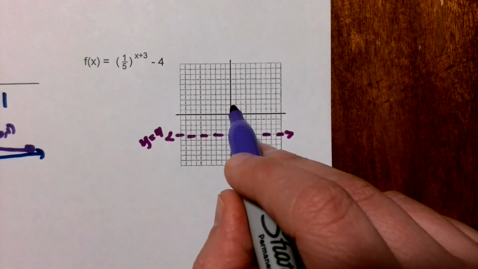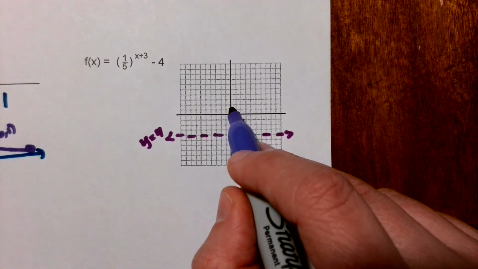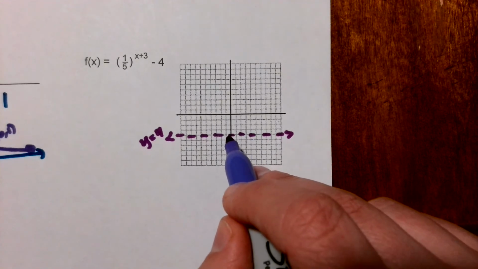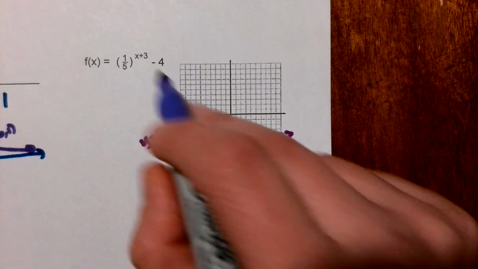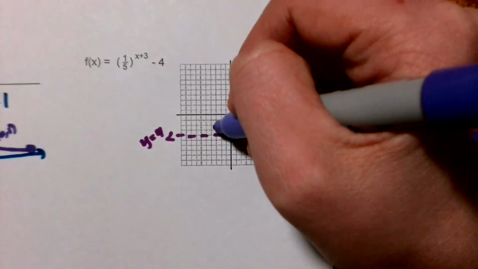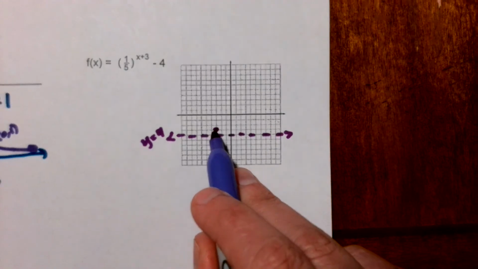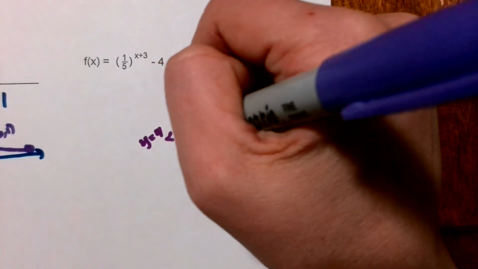But then also remember, whenever I was plugging in 0 earlier, I got that point (0, 1). And so now, since I've shifted it down, now that point is at -3. And so whenever I shift to the left 3, it's going to be at (-3, -3). So it's always 1 above that horizontal asymptote, and then left or right, however many we're shifting left or right.